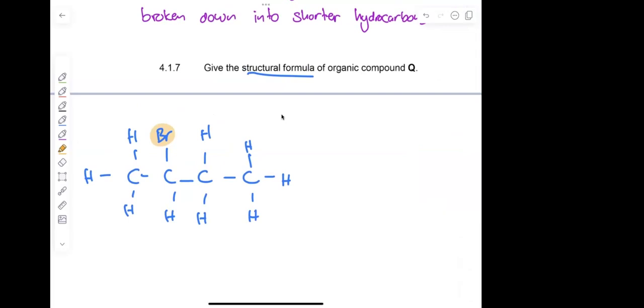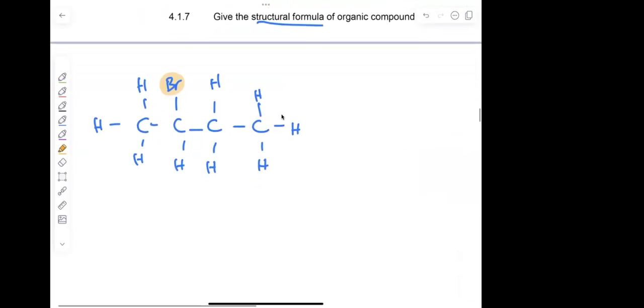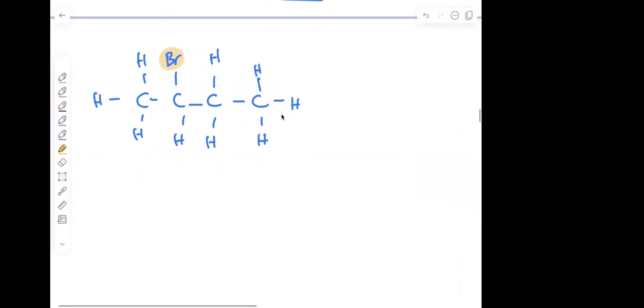So in this case here, if I undergo an elimination reaction, remember, take hydrogen from the carbon with the most hydrogens, give hydrogen to the carbon with the least, you give hydrogen to the carbon with the most hydrogens. You take hydrogen from the carbon with the least hydrogens. So in this case here, I need to take a hydrogen. Carbon number 1 has 3 hydrogens.